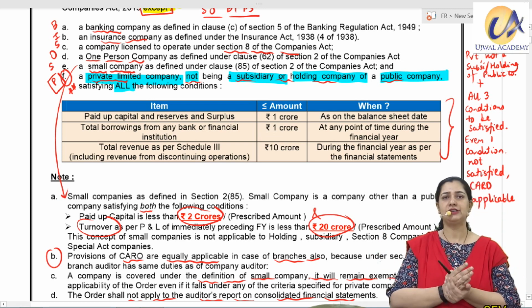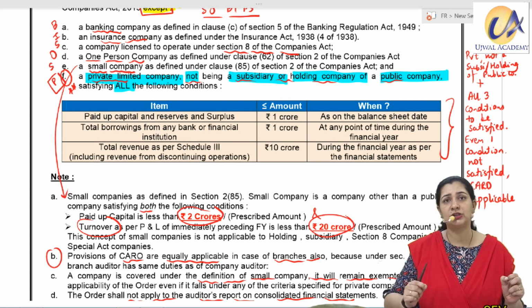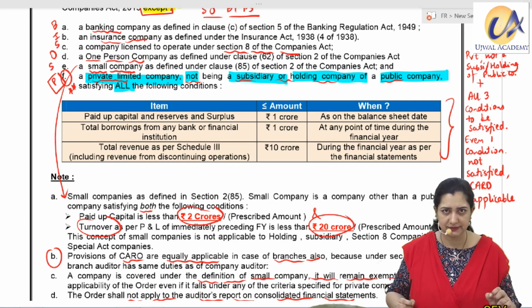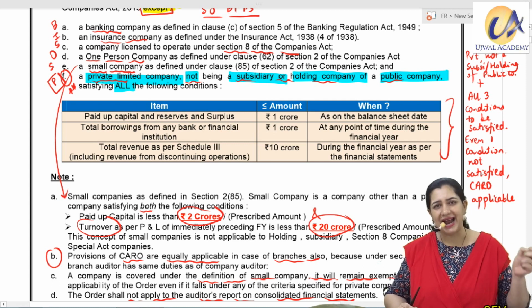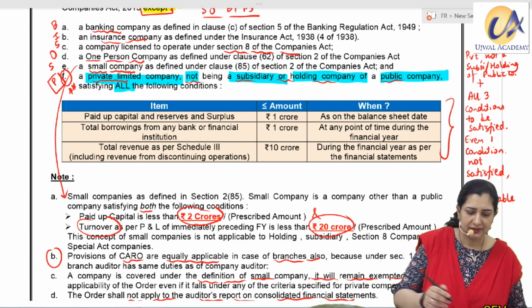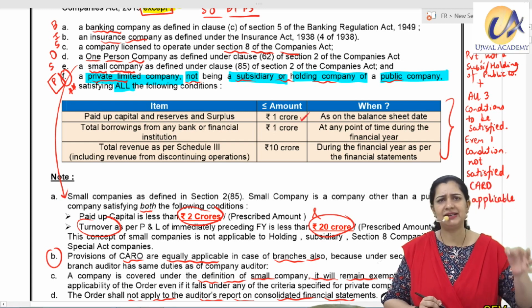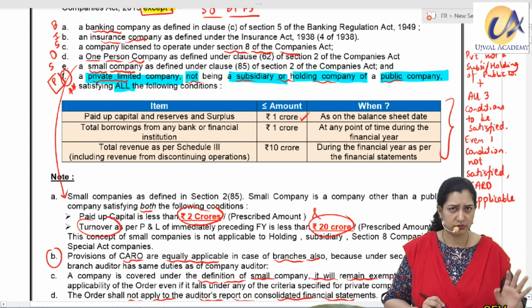So now what are these 3 conditions? The first condition deals with your paid up capital and reserves. Your paid up capital and reserves of this private company should be less than or equal to 1 crore. Simple. Limits are very easy. 1 crore, 1 crore, 10 crore.